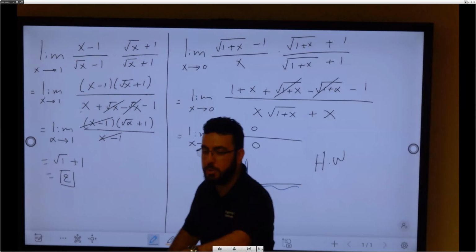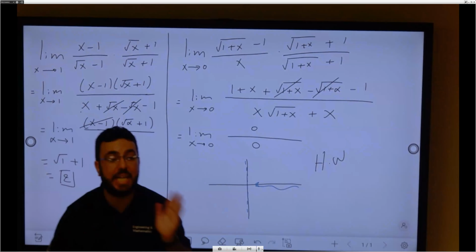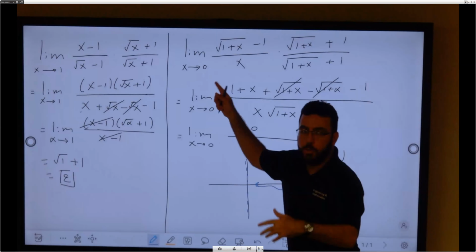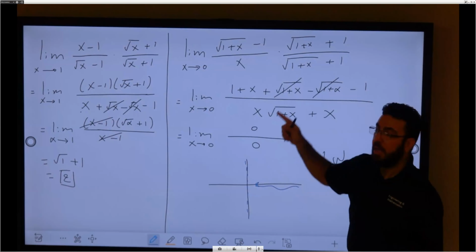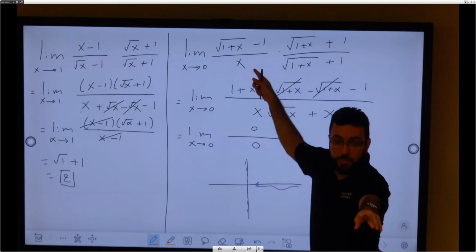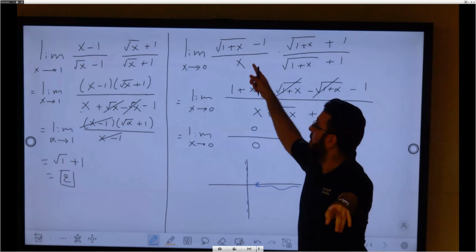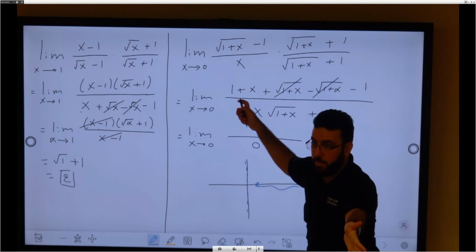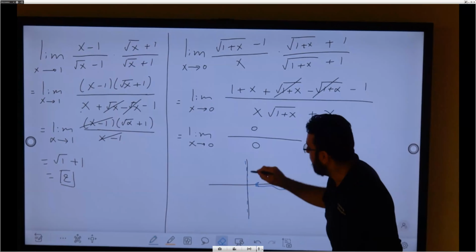The main thing I care about is the sign, right? Is it positive or negative? Square root of 2 is a positive number. Minus 1 is still a positive number. Divide by positive, still positive. That means 100% my function is going up.